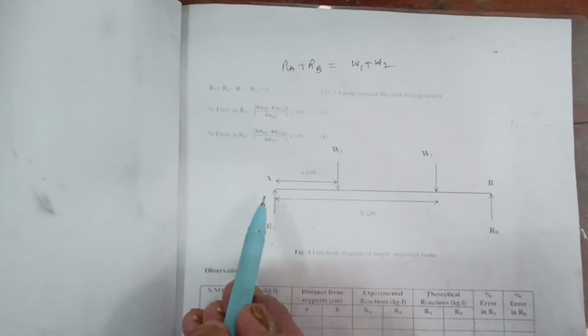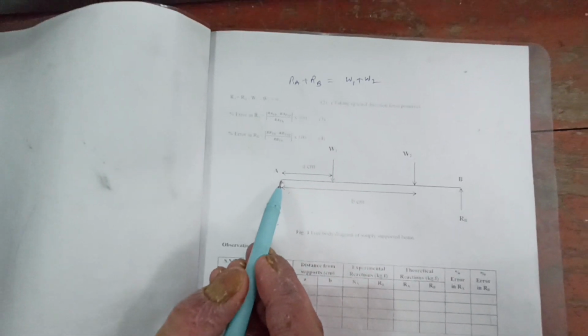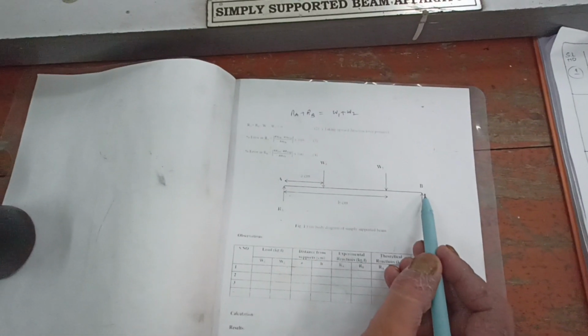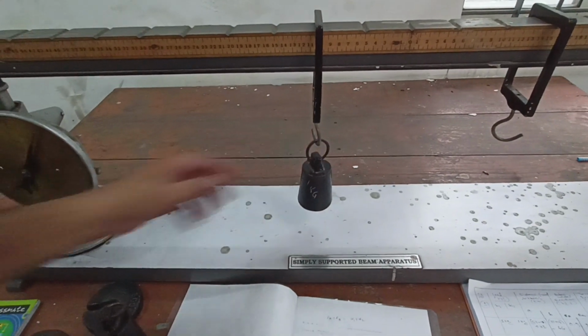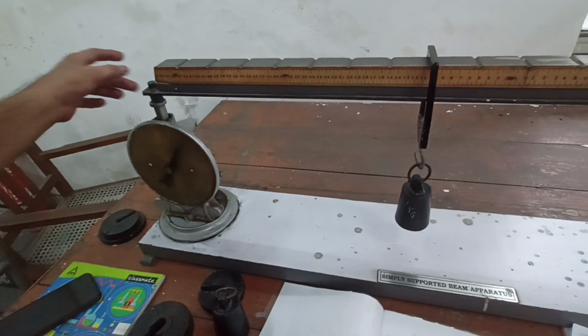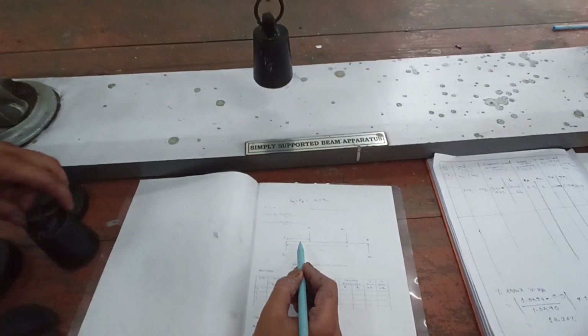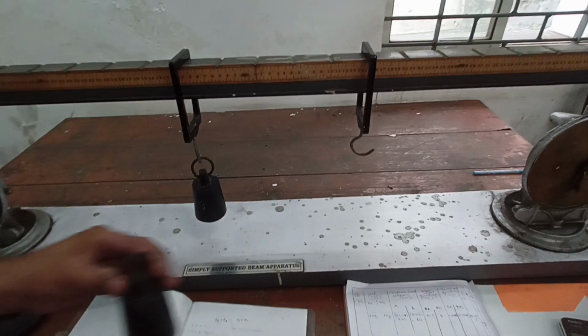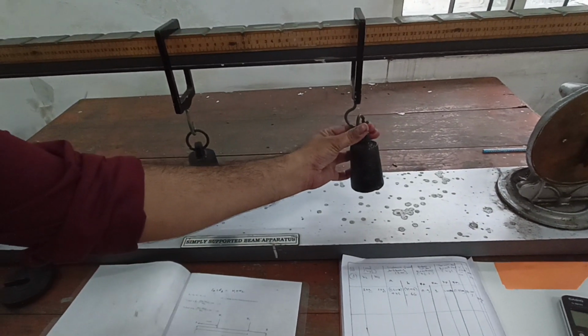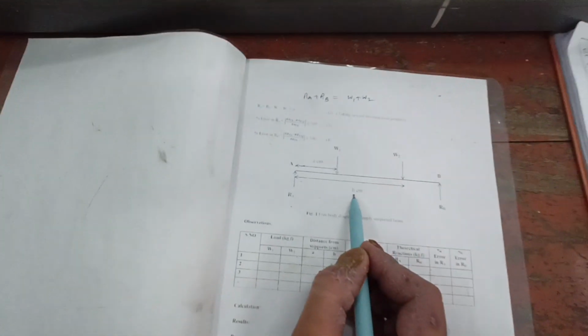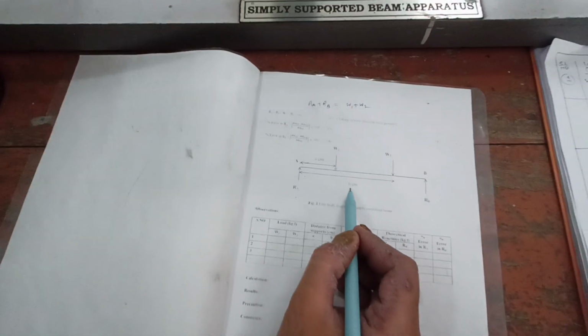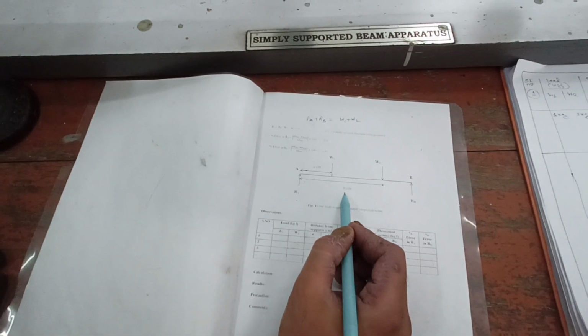Suppose the left side point is A and the right side point is B. We put a 1 kg load at some distance from the left support, called A, and we put another 1 kg load at a distance called B from the left support.